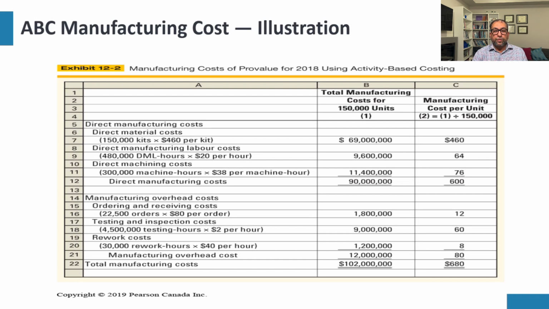So we see here the manufacturing cost of 150,000 units: direct material, direct manufacturing labor, direct machine, and then we have manufacturing overhead cost as well, like ordering and receiving, testing and inspection, and rework. Overall, the direct cost is $600 per unit, and the indirect cost or manufacturing overhead cost is $80. Altogether, the total manufacturing cost is 680 per unit. And overall, the total cost of manufacturing is $102 million.